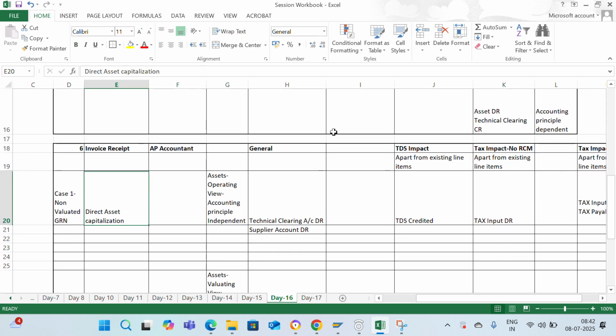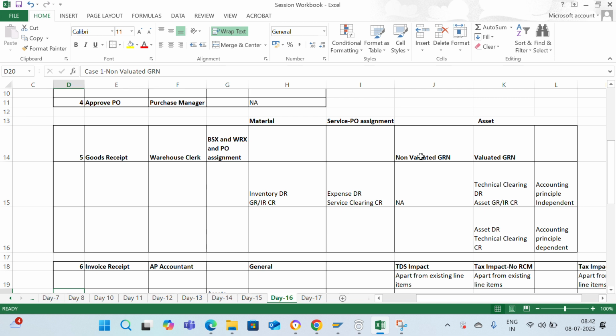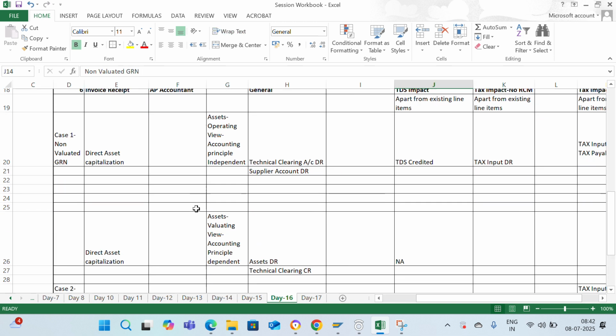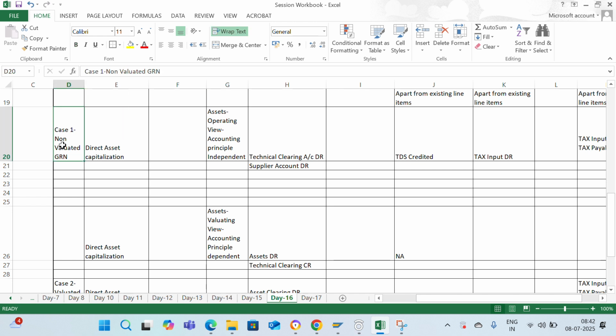Coming to the invoice entries, case number 1 I have made as non-valuated GRN. The PO is a non-valuated PO, and during the GRN there is no entry, so the entry gets booked for asset capitalization at the time of invoicing, wherein accounting principle independent entry is technical clearing account debit to supplier account.